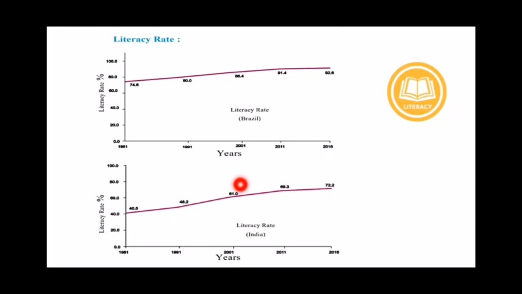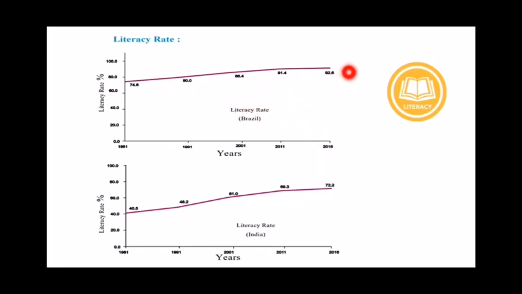Next it went on to 61.0 in 2001, then to 69.3 in 2011, and finally in 2016 it is around 72.2. You can see that it is increasing, but the pace of increase is very slow as compared to Brazil.